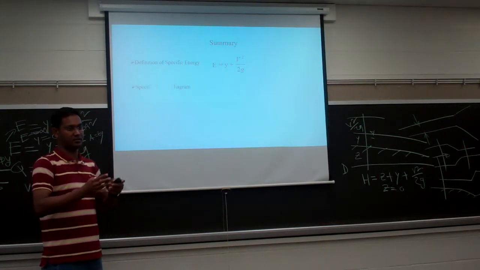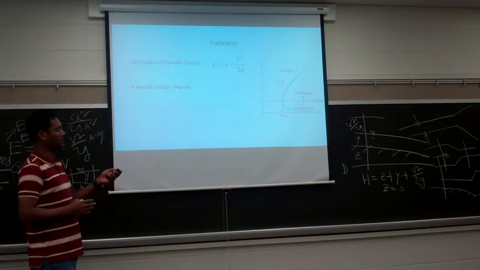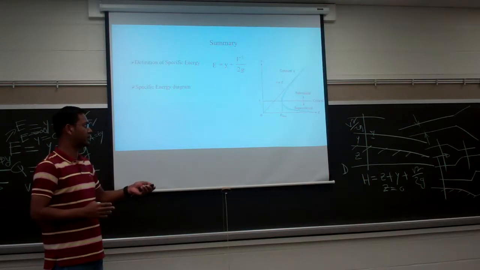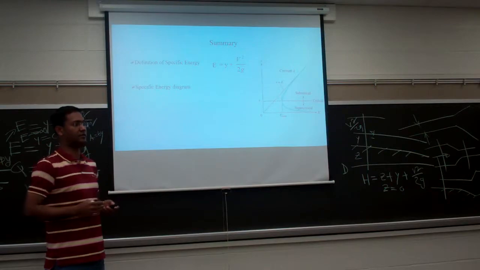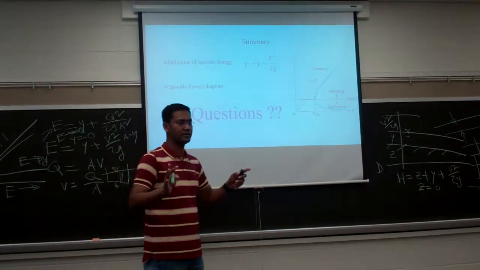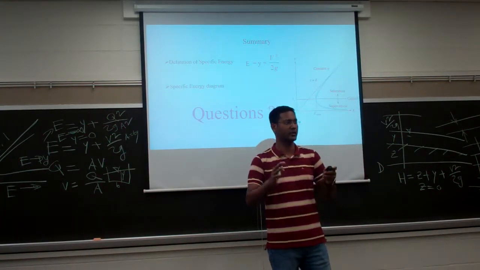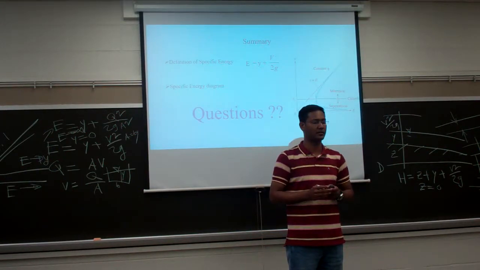When I plot the depth of water against the specific energy, I have a curve known as the specific energy curve. And by using this curve, I can calculate one depth from another depth. Right? So this is the end of the lecture for today. In the next class, we will learn details about the critical flow and the properties of critical flow.